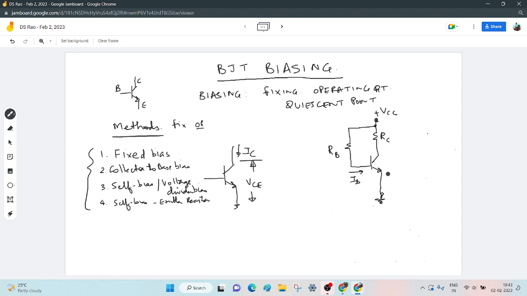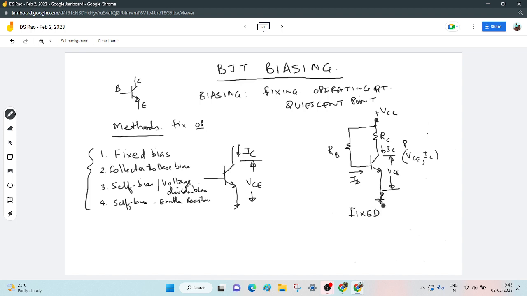Now if you see any circuit like this transistor, if you measure the collector to emitter voltage, you will get some value. You will measure the collector current, you will get some value. So you can say the operating point of this transistor is VCE comma IC. You can tell like that. See, this is not complete, it is only starting.